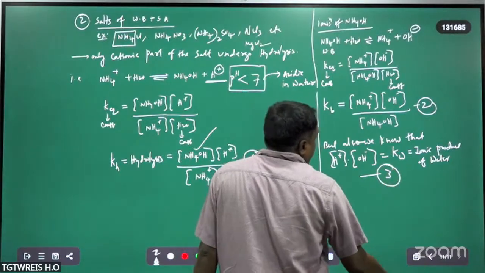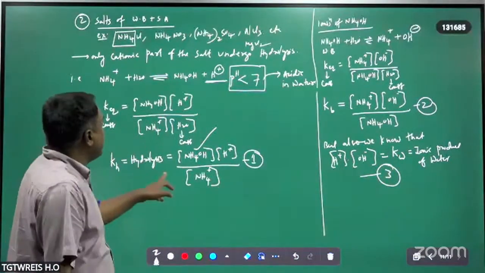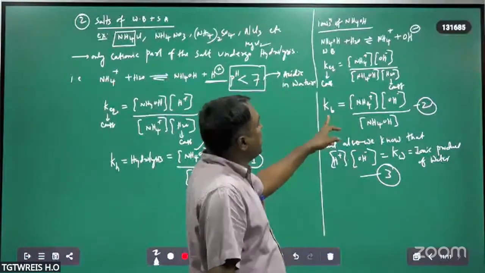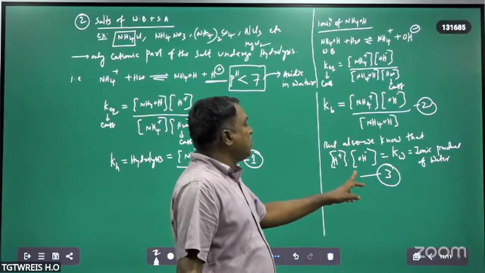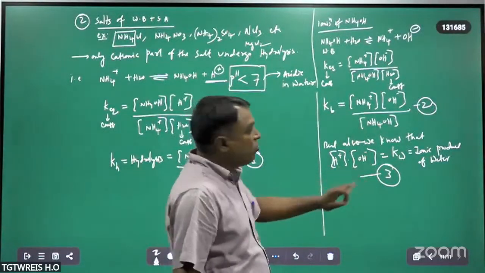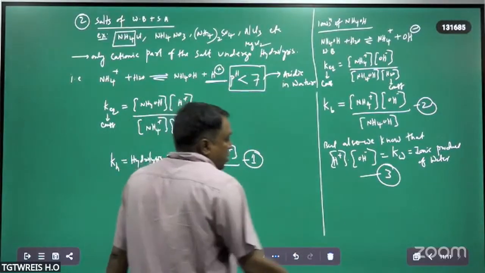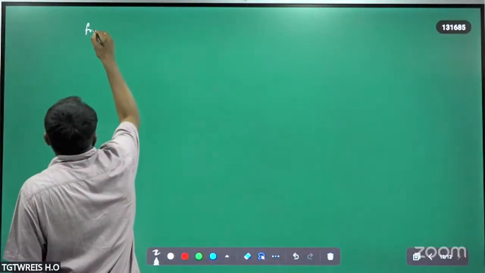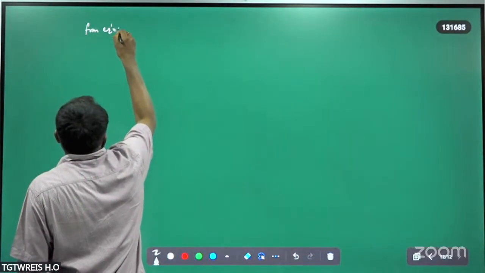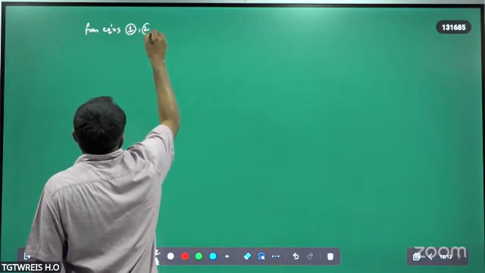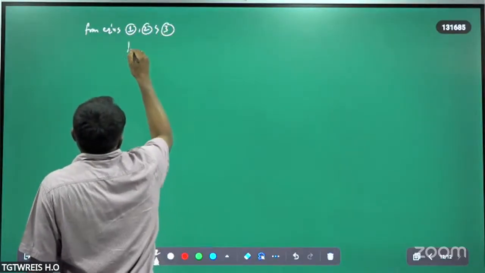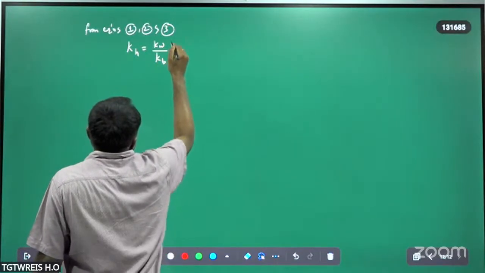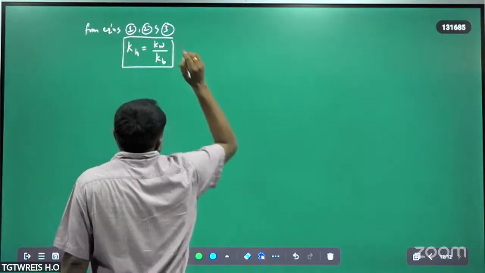From equation 1, equation 2, equation 3: this is the salt hydrolysis constant, NH4OH into H plus ion by NH4 plus. This is Kb, the base dissociation constant. This is the ionic product of water, equal to square bracket H plus into square bracket OH minus. From equations 1, 2 and 3, KH is equal to Kw by Kb.